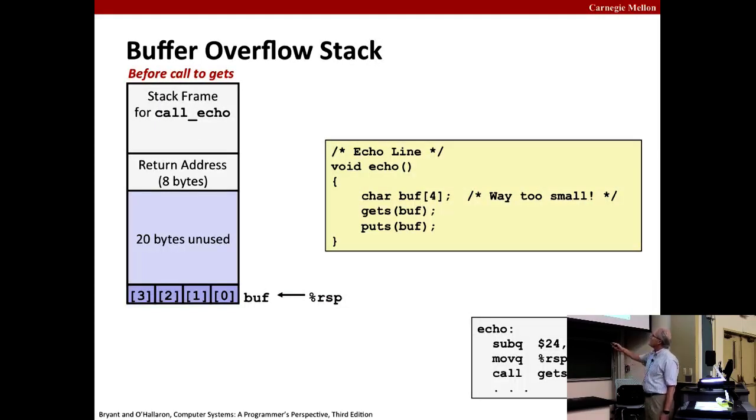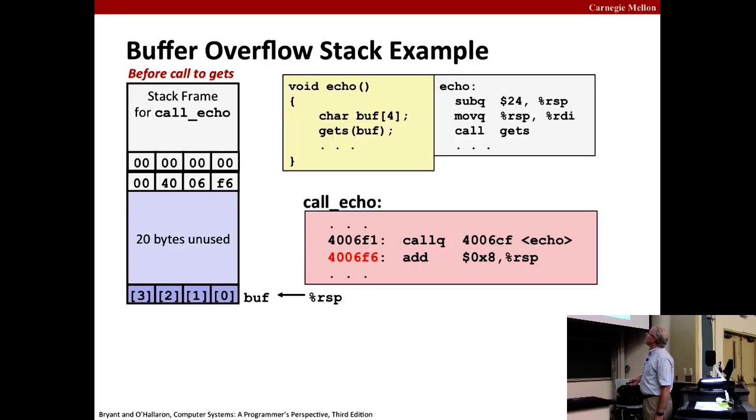So what we see then is the memory layout: buff is normally big enough for 4 characters. There's sort of 20 bytes of unused or wasted space here. And then the actual return address, which is the return address back to call echo, is stored on the stack. So when echo starts to run, we'll find that this is the value on the stack for the return pointer.